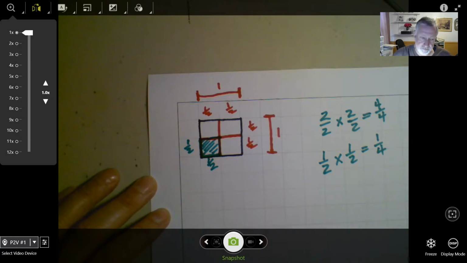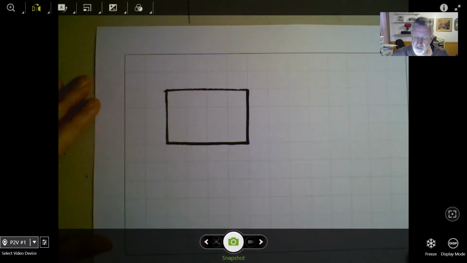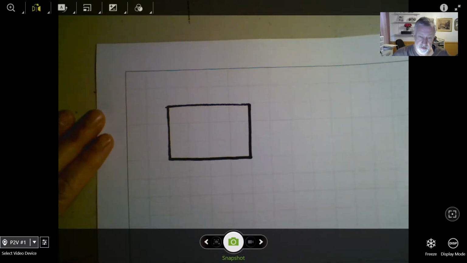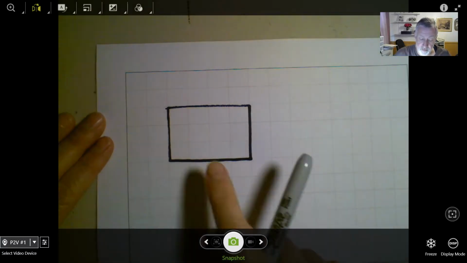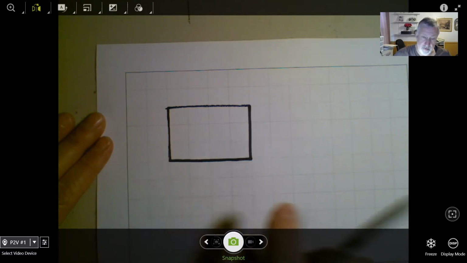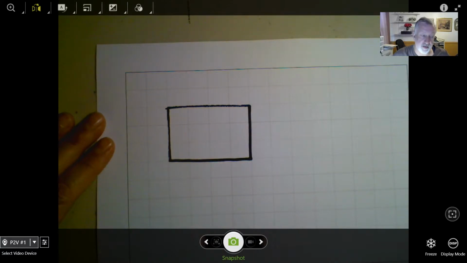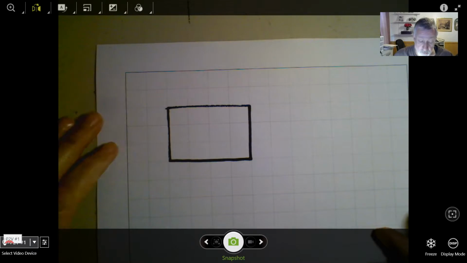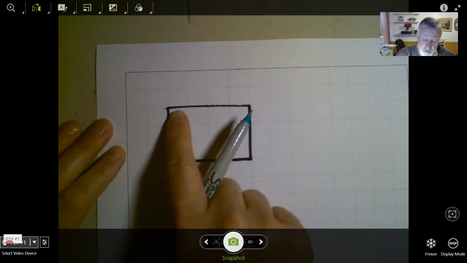Let's try it again. Here's what I want you to set up. This time I want you to draw a rectangle that is 1, 2, 3, 4 small squares by 1, 2, 3. So 4 by 3. Go ahead and draw that now. Once again, we're going to look at this as one whole unit.